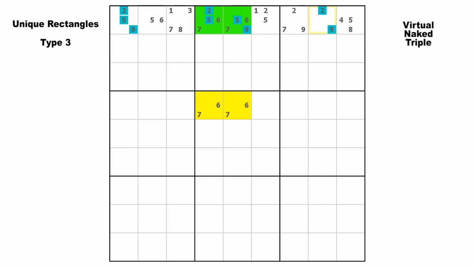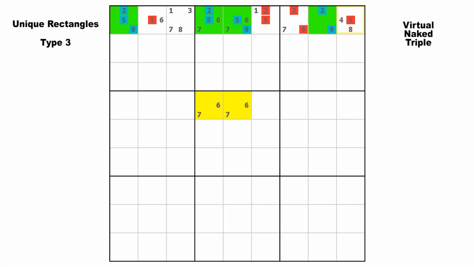So that is a triple because the 2 green cells act as one cell containing only 2, 5, and 9 because we know one of those candidates must be true in there. So that means we can eliminate every other candidate 2, 5, and 9 from row 1. And so we've got a 5, and we've got a 2 and a 5, and a 2 and a 9, and a 5. All those candidates will be false because those 4 green cells act as a naked triple.